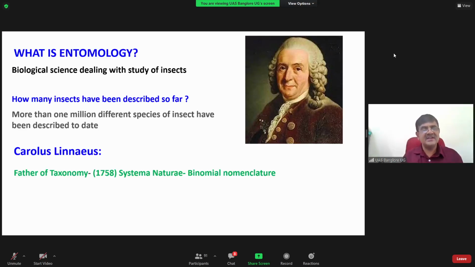In the 10th edition of Systema Naturae, he mentions the concept of binomial nomenclature, which is naming the organism by giving two names. The first one is a generic name and the second one is a species name.